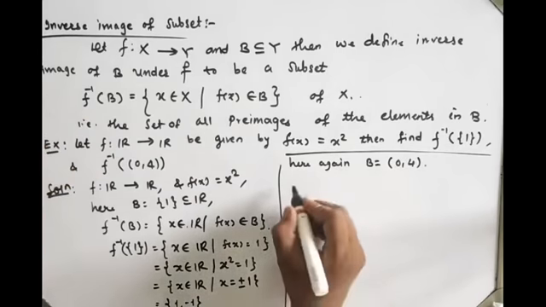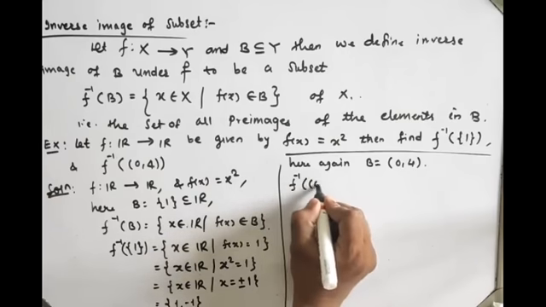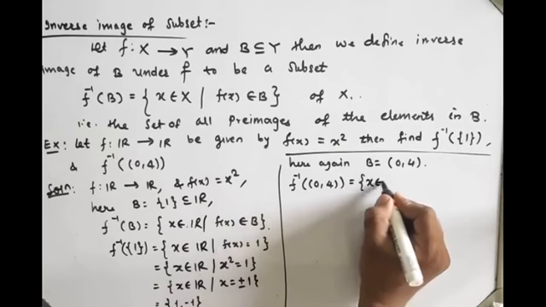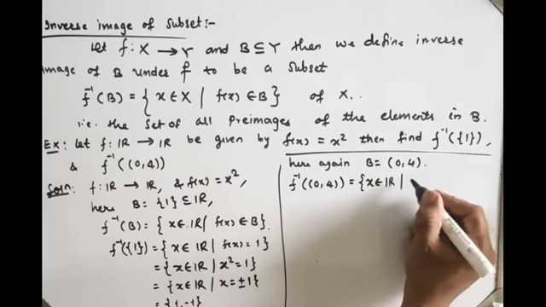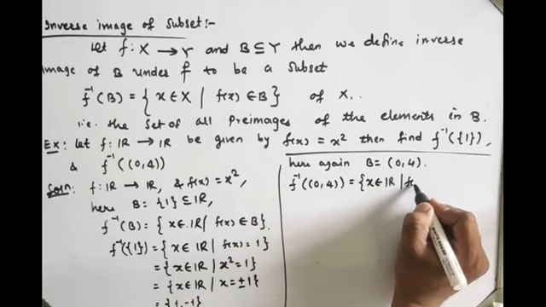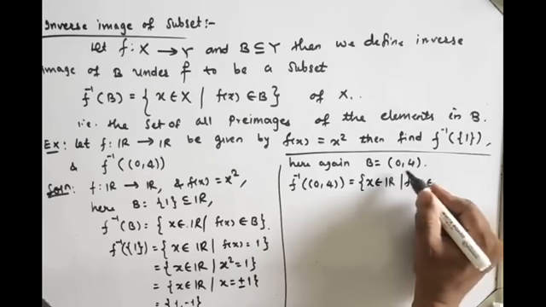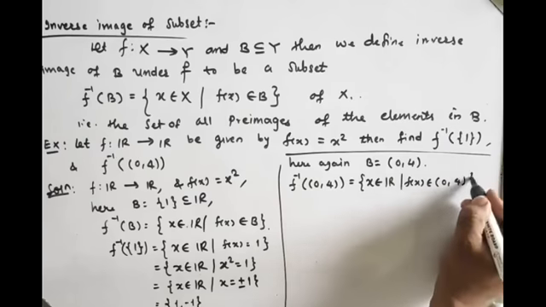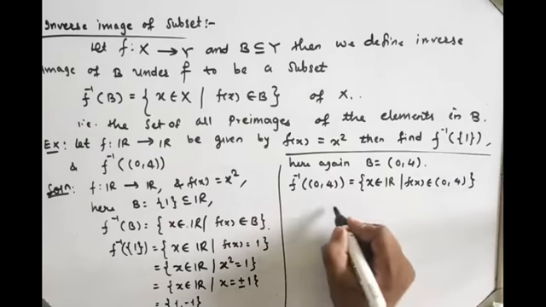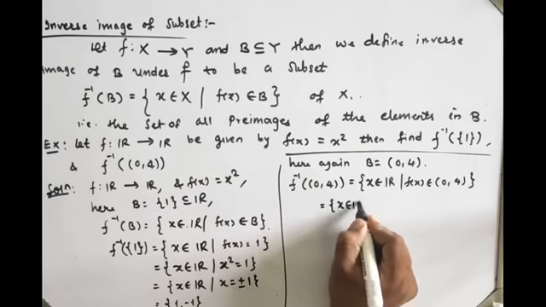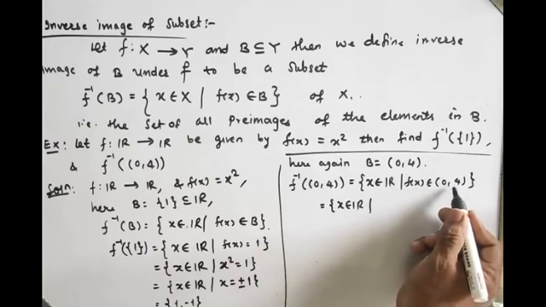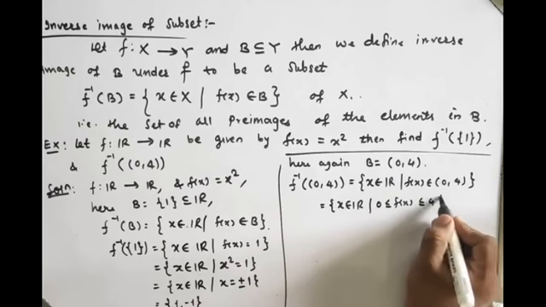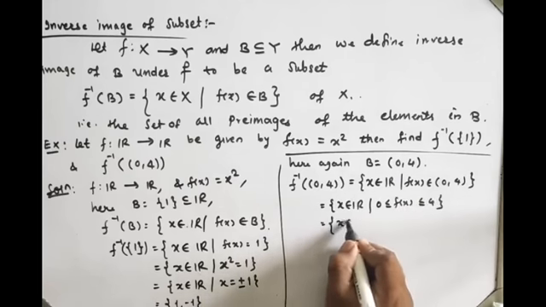Now to find the inverse image, the inverse image of the open interval 0 to 4 is equal to, by the definition, the set of all real numbers x such that f of x belongs to B. B means 0 to 4, so f of x belongs to 0 to 4 means 0 less than equal to f of x less than equal to 4.